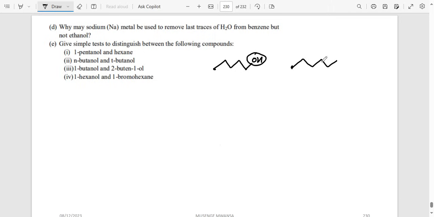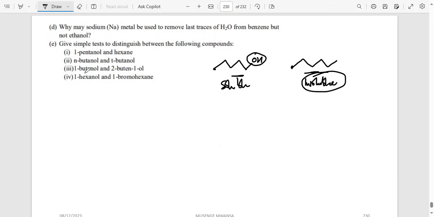This one has got an OH, this one doesn't. What property do we know about these? This one is insoluble. Why? It has got too many hydrogen bonds. Whereas this one is going to be soluble. So you can use a simple solubility test: propanol is going to dissolve in water, and the hexene can't dissolve, just by looking at the bonds.